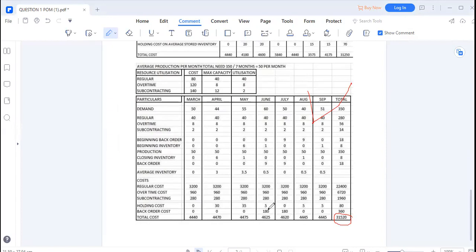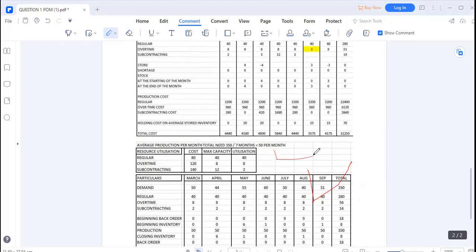We had a back order of 180 in this month, and then the other one of 180 in that month, of course. And then holding costs will be 80. This is actually proving this part here is okay.